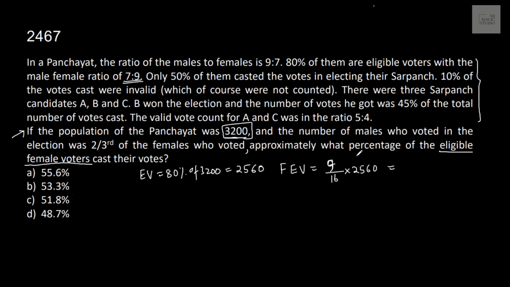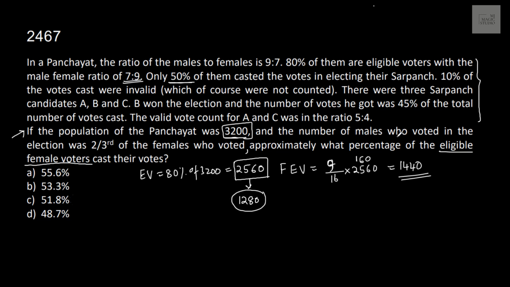16 into 9 gives 1440. So we have got the base. Now out of this 1440, how many females have casted the vote? First of all, out of eligible voters 2560, only 50% of them have casted the vote, 50% is 1280. So total votes casted were 1280.